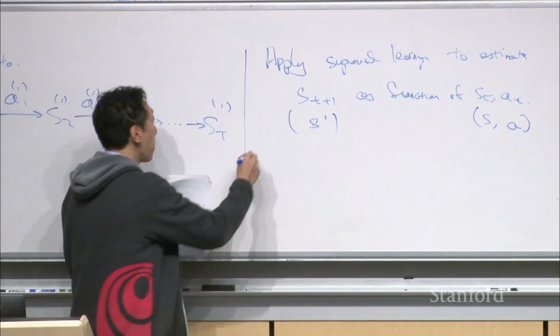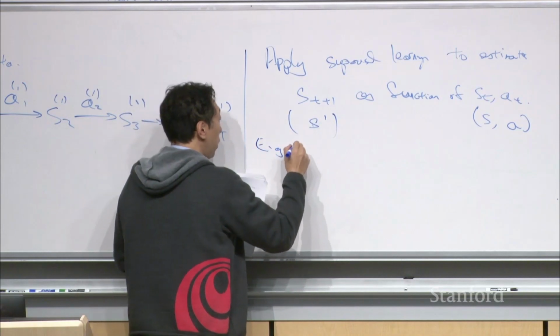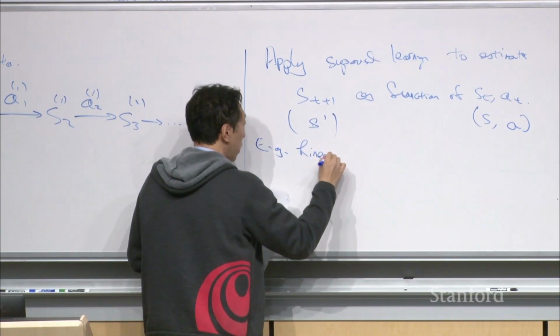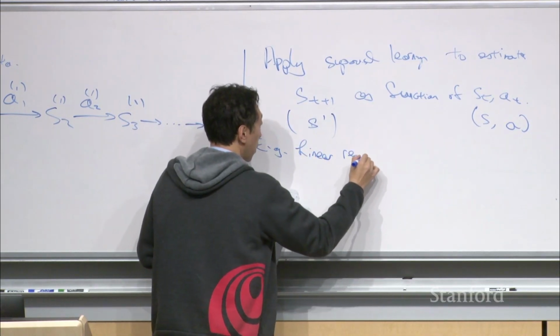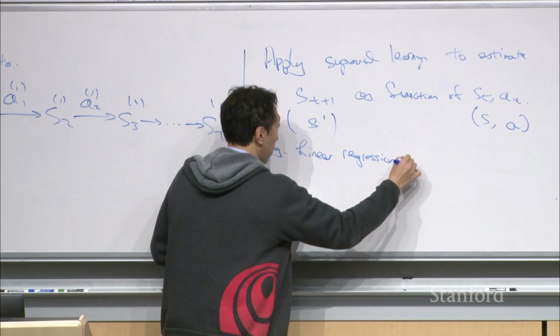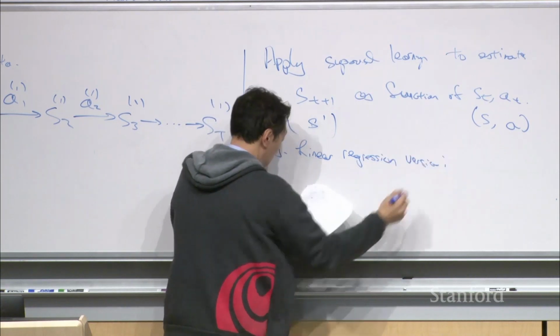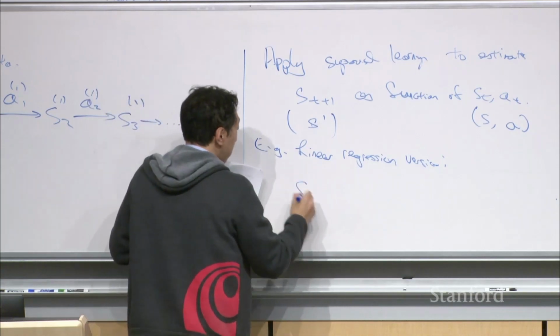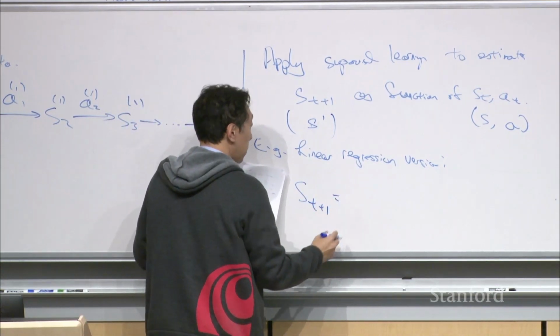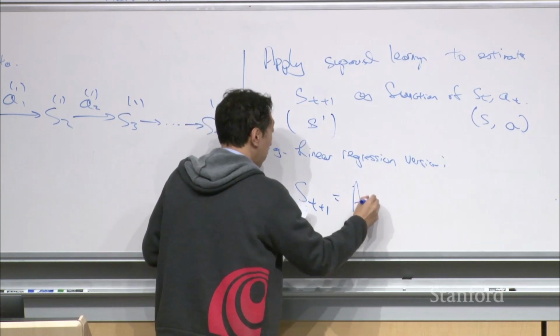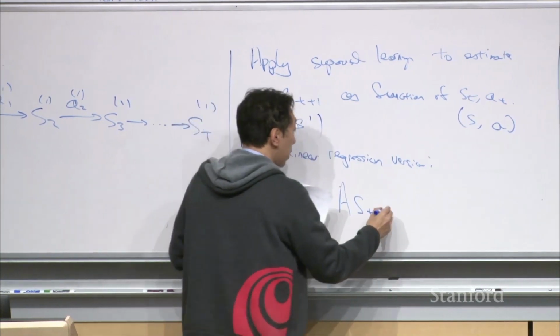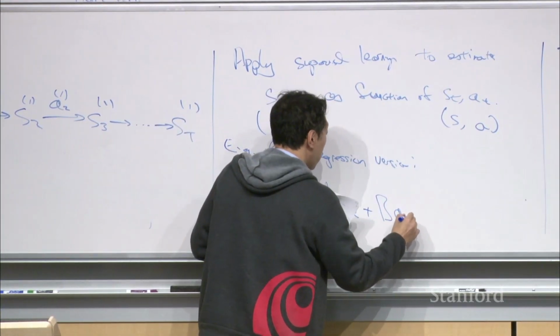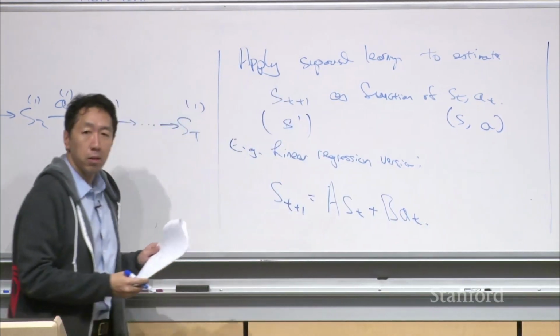And so if you use the linear regression version of this idea, you will say, let's approximate S_{t+1} as a linear function of the previous state plus another linear function of the previous action.